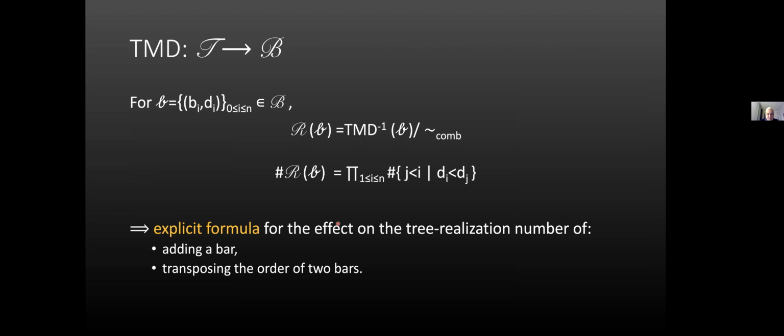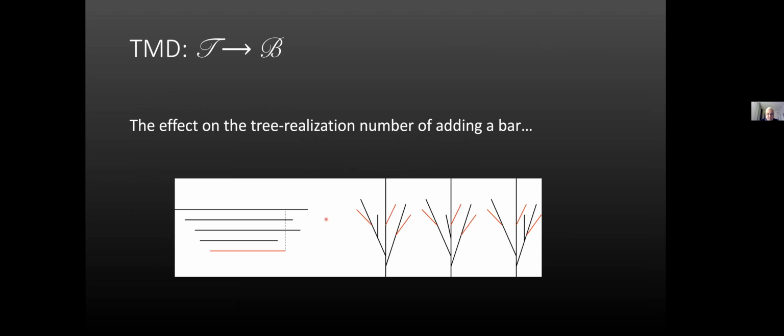When you add a bar, you just have to say, okay, what's the index of that bar? How many other bars does it contain? And then boom, you know how to calculate, at least, how many combinatorial types of realizations there are. And as I showed in the next slide, here I had the 4 black bars, which correspond to the 3 possible tree realizations that are in black there. And for each of those, when I add the red bar, there are 3 possible ways I can attach that red bar. So you can actually build this up.